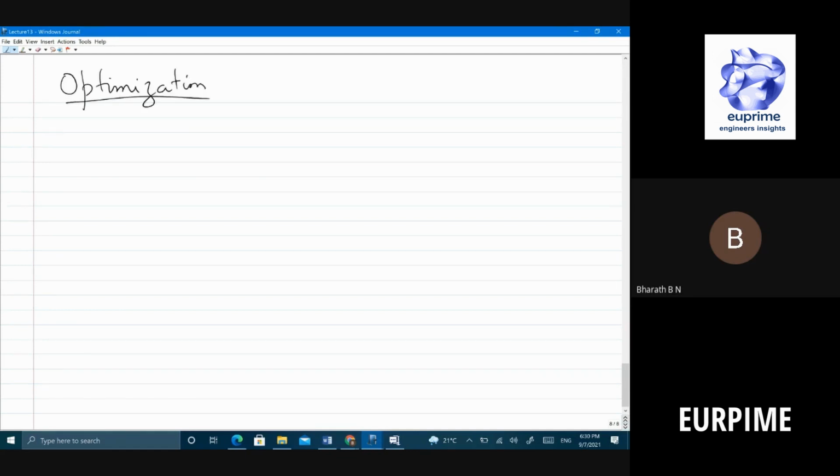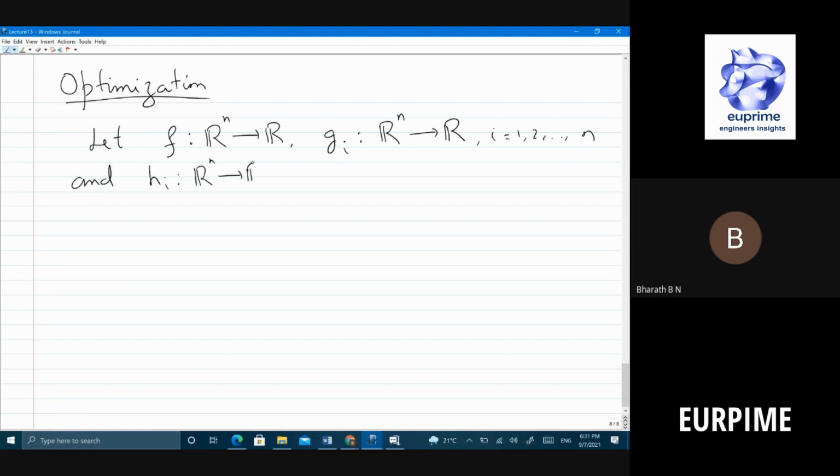A general optimization problem looks like this. Let f be some function from Rn to R, g_i be some function from Rn to R, i equal to 1 to n, and some h_j again from Rn to R, j equal to 1 to m.